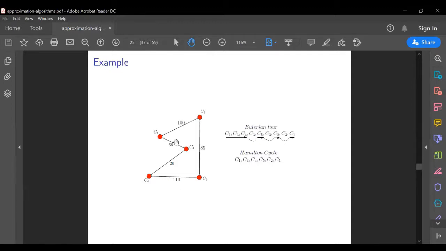The cycle is very obvious. This is what is going to be a solution for the traveling salesman problem. This may have a cost; I cannot say 100% minimal, but it's very close to the minimal cost. Is that okay?